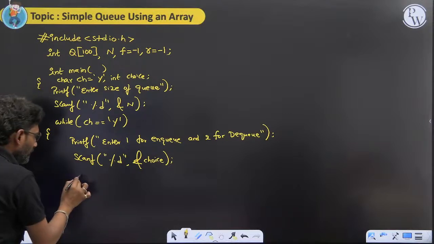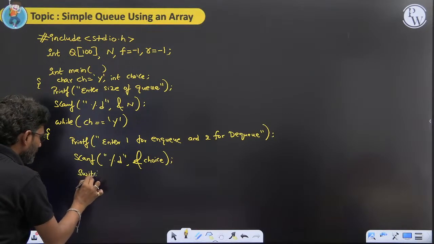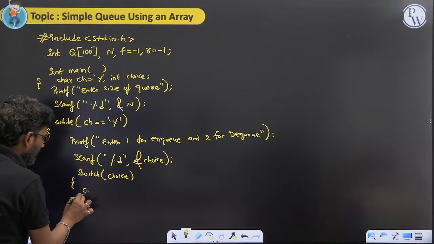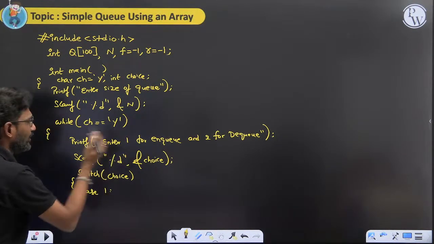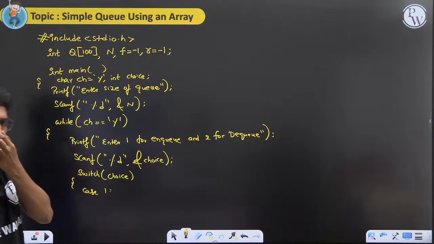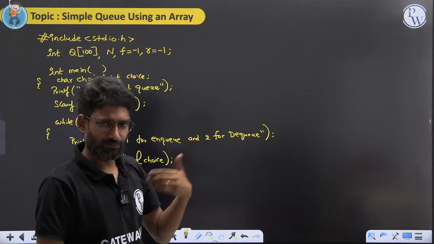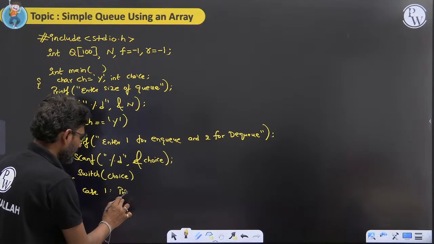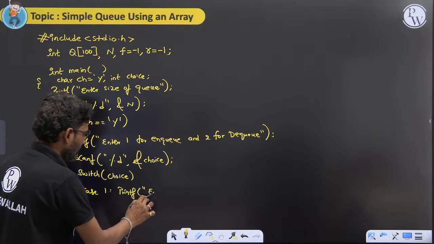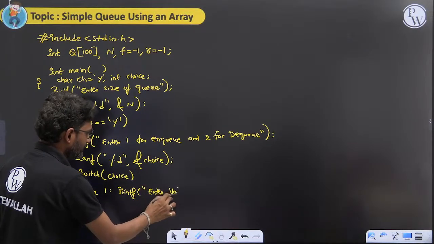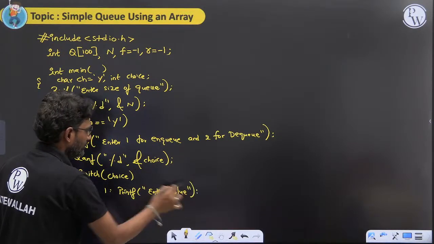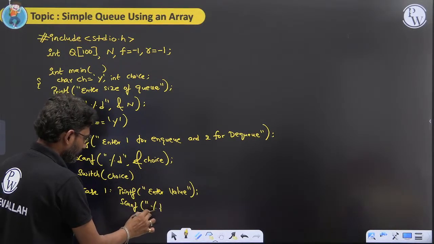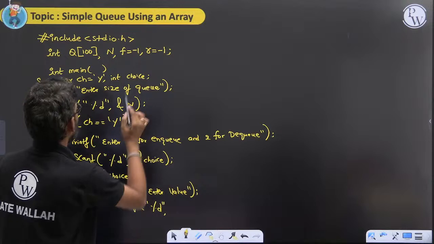Right? Now in switch I am taking that case 1. Case 1 is for enqueue. So if you want to enqueue, what you have to do? You have to take the value, no? So you can ask print enter the value to be inserted and scan the value. I have not taken the value.